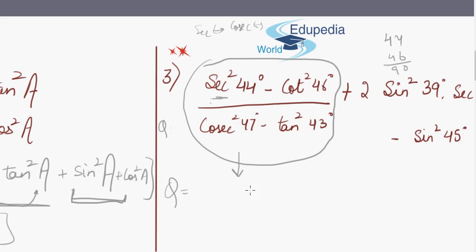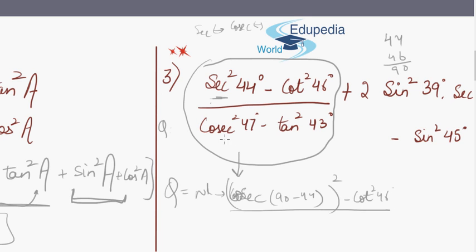So in the numerator we have secant 44 is cosecant of 90 minus 44, and since it is whole square, so put whole square outside, minus cos square 46. Similarly in the denominator, cosecant can be converted to secant, so we have secant 90 minus 47 whole square minus tangent square 43.